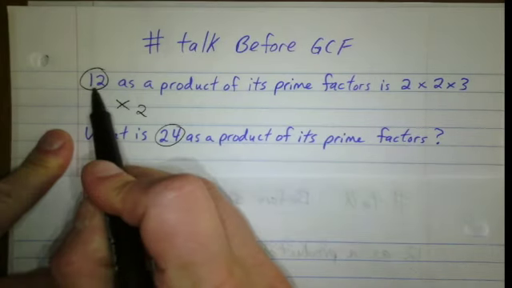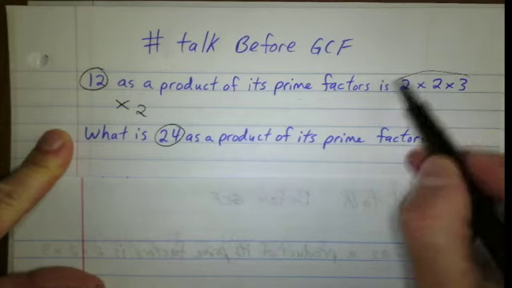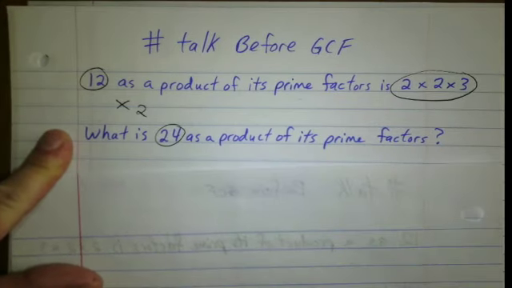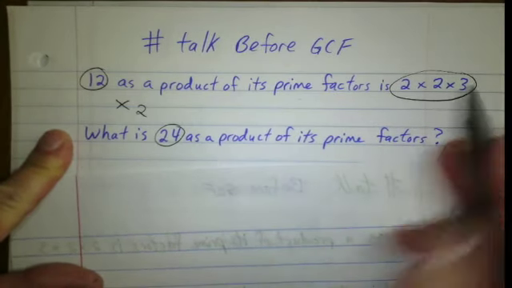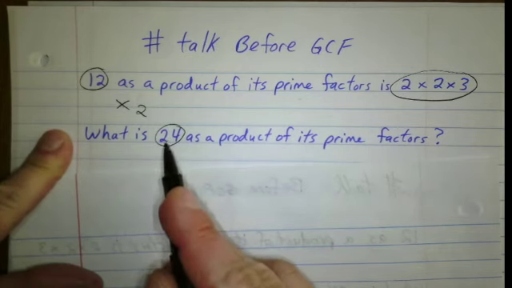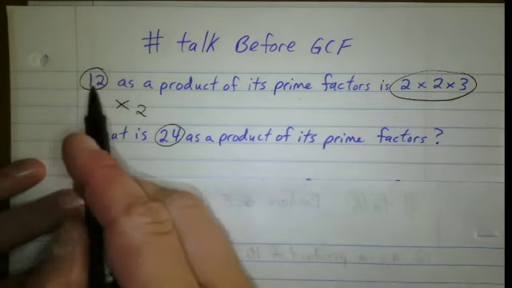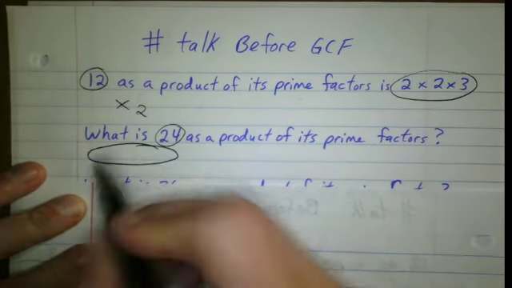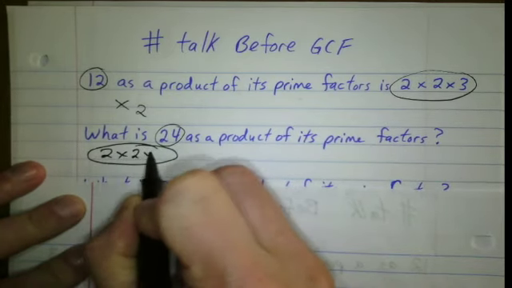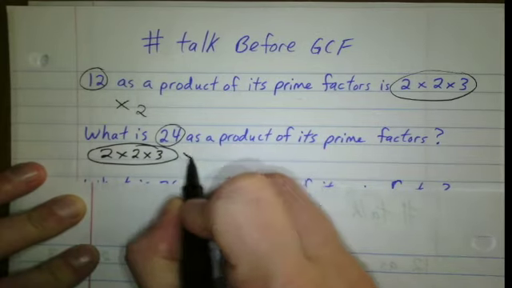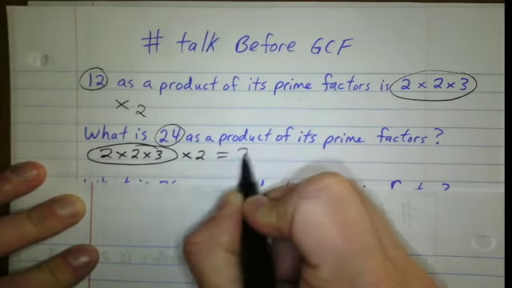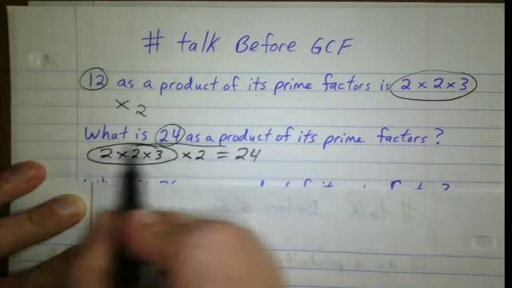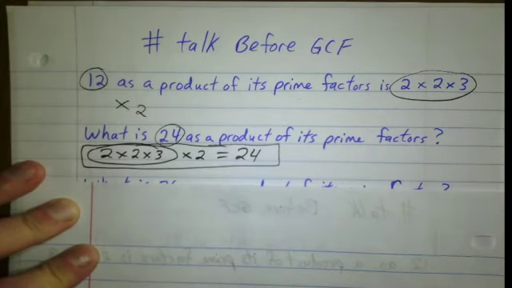And if 12 written as a product of its prime factors is 2 times 2 times 3, then couldn't you just take all of this and times it by 2 to get 24? And that's exactly what you could do. You could write 12 like we did up above, 2 times 2 times 3. So if all that's 12, then you take that times 2, and that would equal 24.